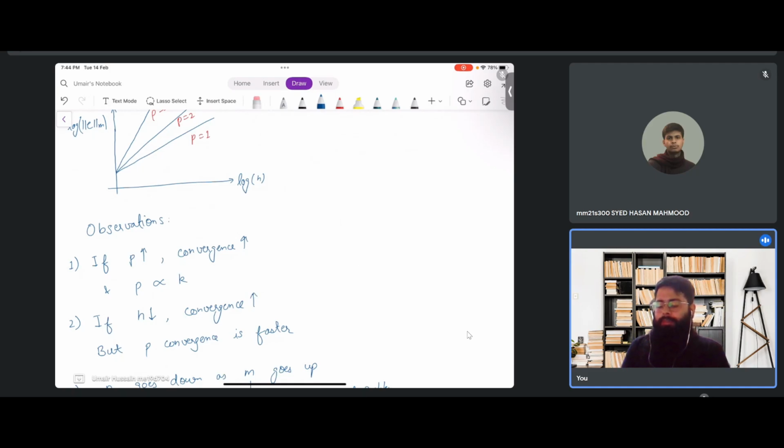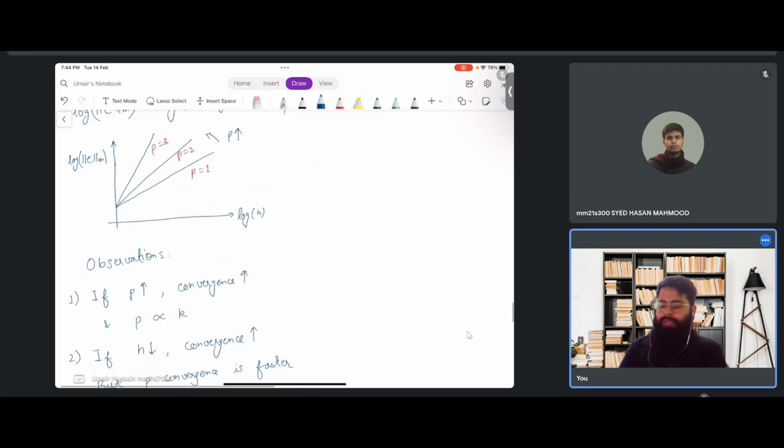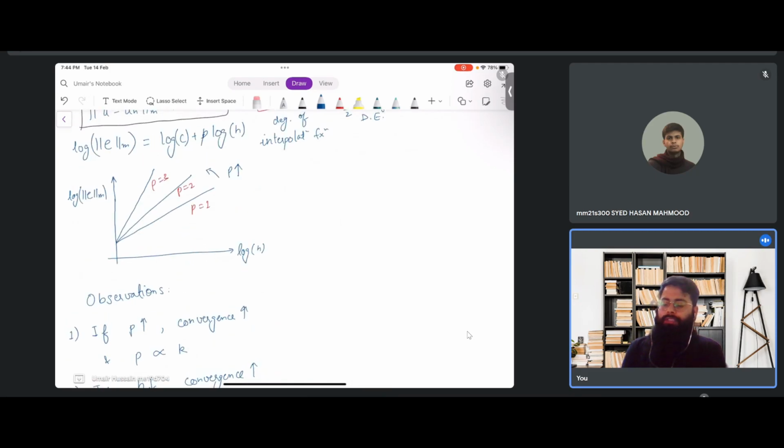Even though we saw that p convergence is faster, why is it? Why is p convergence faster than h convergence? We can get an answer for this.